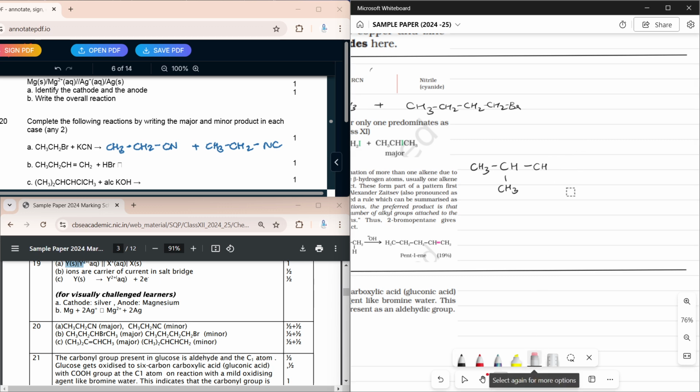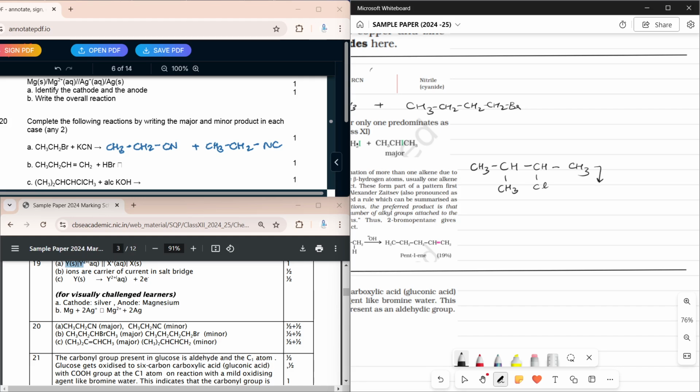CH and then Cl, and then you have CH3. So this can undergo elimination reaction, right? The Cl is going to get kicked out from this carbon, obviously. The question is, does it form a double bond with this carbon or this one? And this is based on Saytzeff's rule. According to Saytzeff's rule, the major product is the alkene which has a greater number of alkyl groups attached to it.